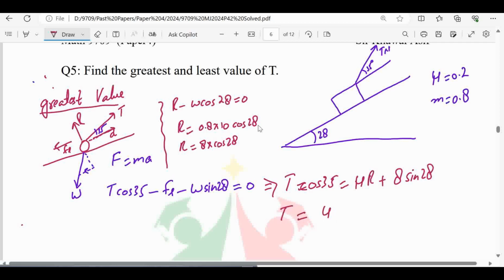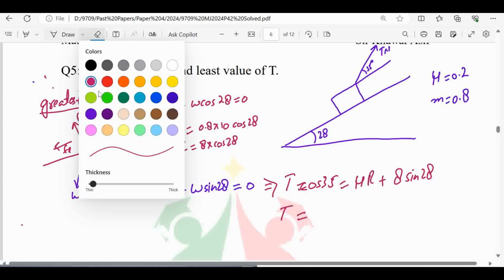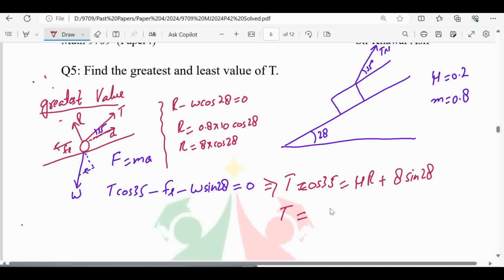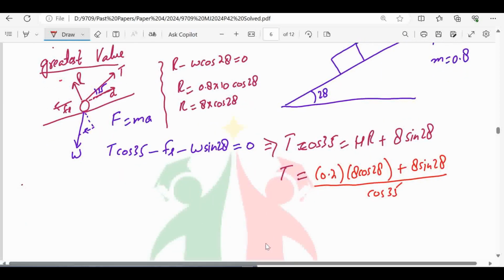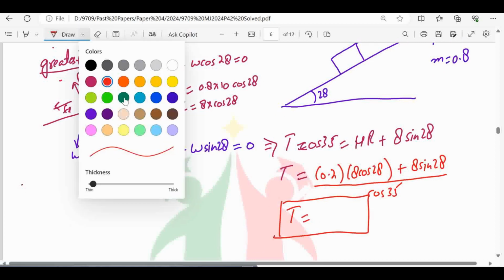Let's put the values here. So T will be equal to 0.2 into R, R is 8 cos of 28, plus 8 sine of 28, whole divided by cos of 35. Let's find the value of T. Let's use the calculator and simplify the values.